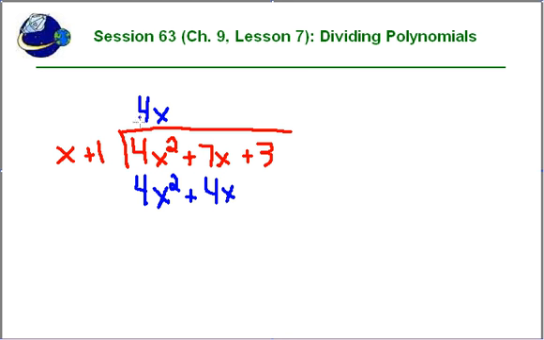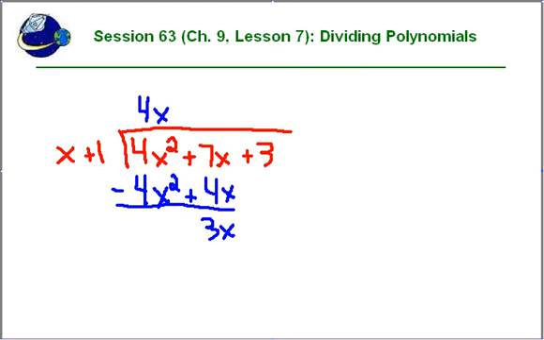So we have now taken the first portion of our solution, our answer, our quotient, and we've taken the 4x part and we've multiplied it by our divisor. 4x times x and then 4x times the 1. Next, we subtract. 7x minus a 4x is a 3x. 4x squared minus 4x squared is just 0, or 0x squared, and I'll just erase that and we'll leave it alone.